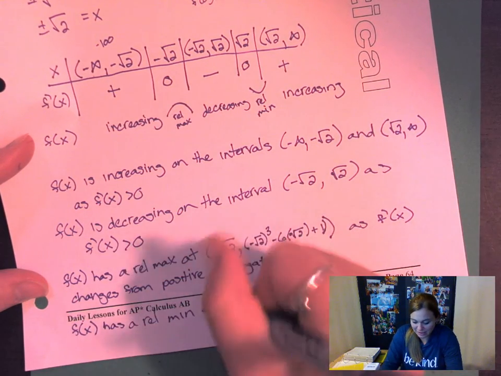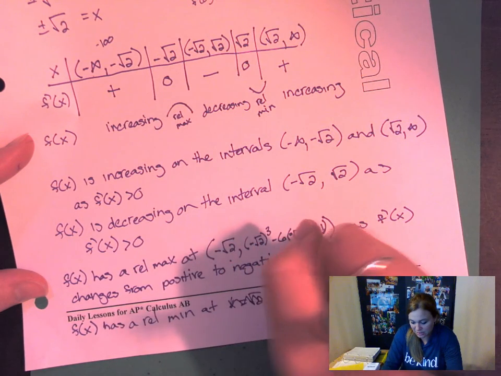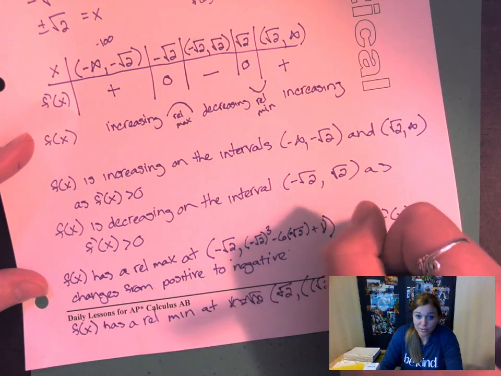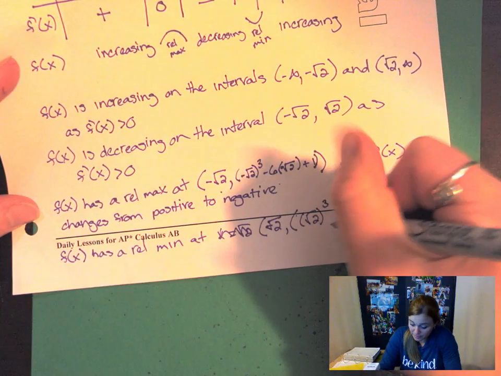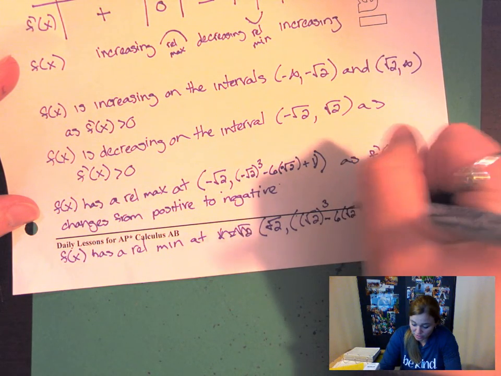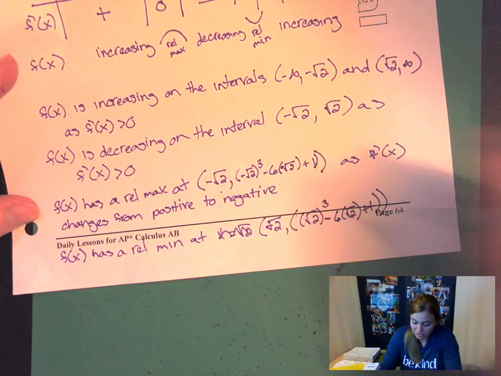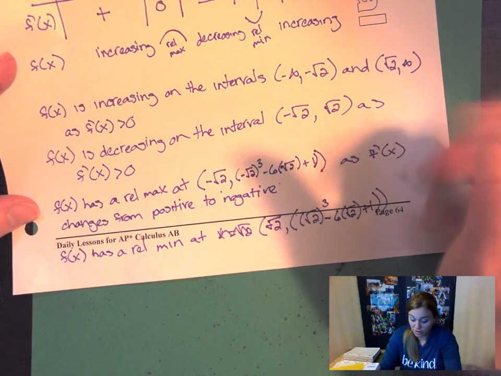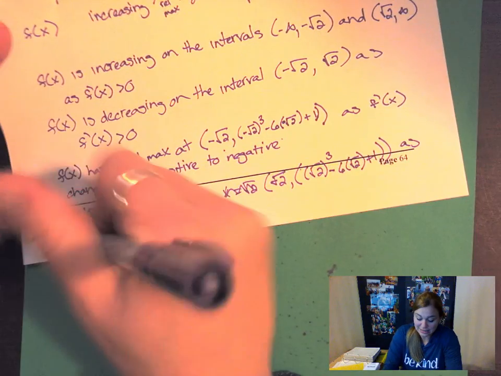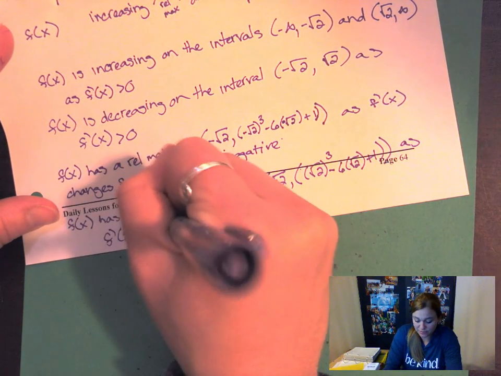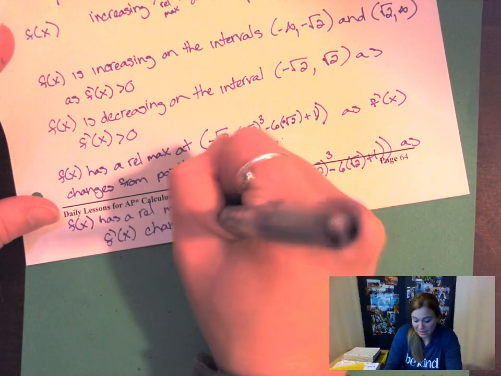Oh, I shouldn't even say that. Hold on, coordinates. Square root of 2, and this would be square root of 2 to the 3rd power. All my face is in the way. Minus 6 times square root of 2 plus 1. Gross. Most of the time you can just say as x equals square root of 2. And then you want to say as f prime changes from negative to positive.